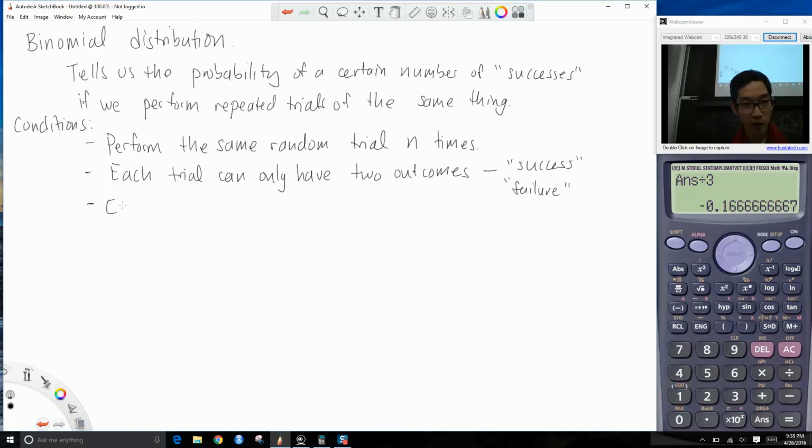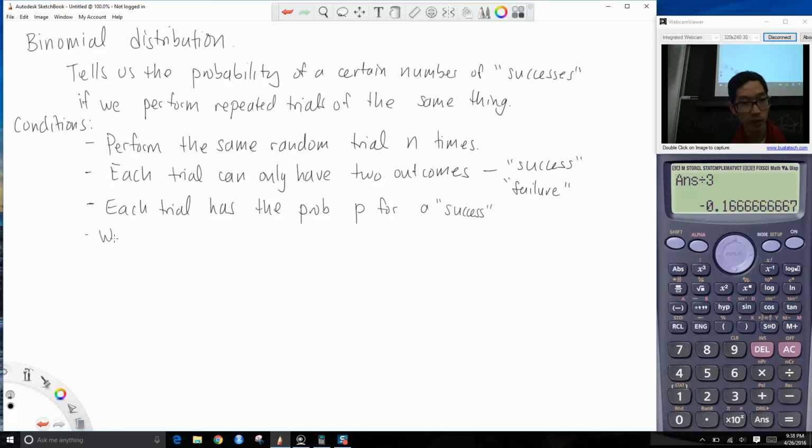So we're going to perform this. Each trial has the probability P for a quote-unquote success. Okay?